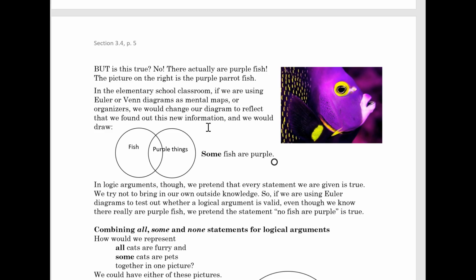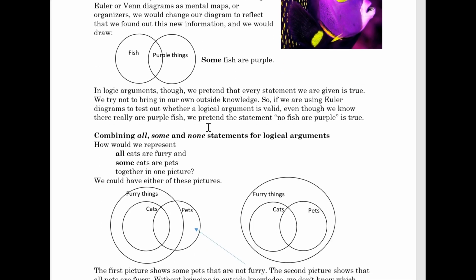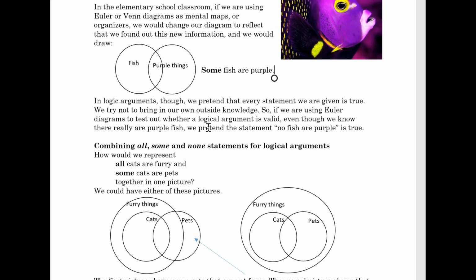So hopefully you did pause the video, and here we go. We should have one of these two things. Definitely cats has to be inside furry to get all cats are furry. So either one of these has cats inside furry. And the thing is, without using outside knowledge, it's not clear to me whether or not we definitely have to say some cats are pets.